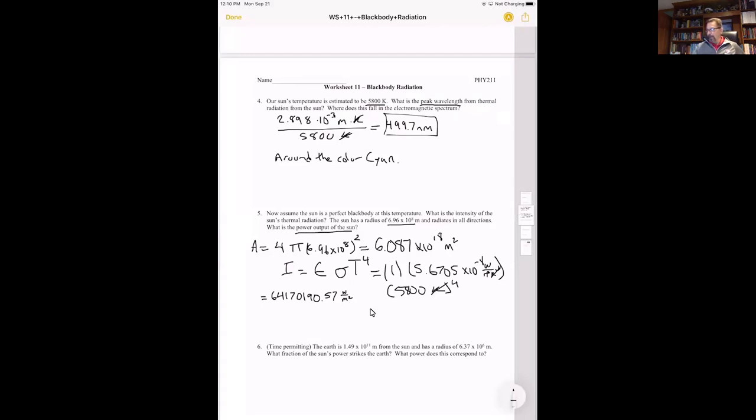And now you've got to multiply that by your area to get your power. Maybe my internet is slow. Yeah, or Zoom. You can just say what the words are. You multiply that area by that intensity, you get a power. So you don't necessarily have to write it out, but have the number ready.